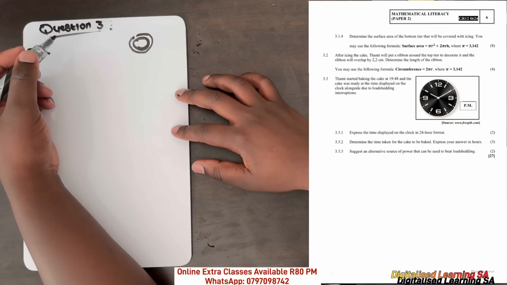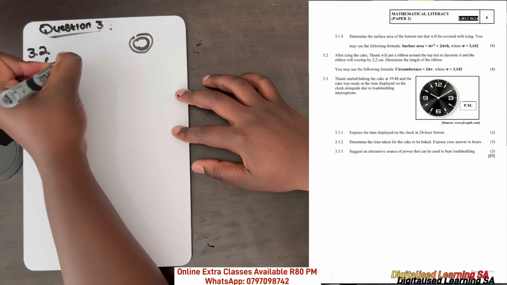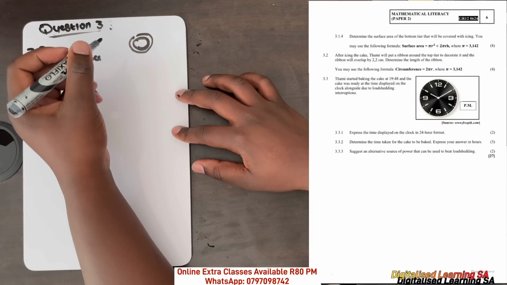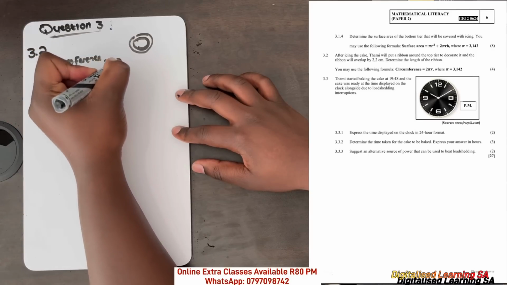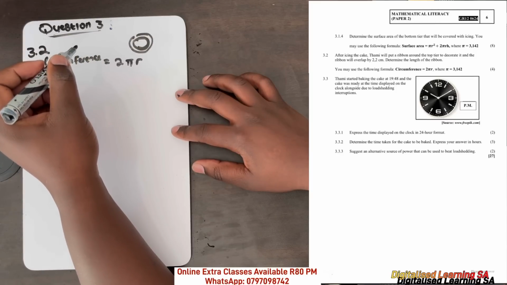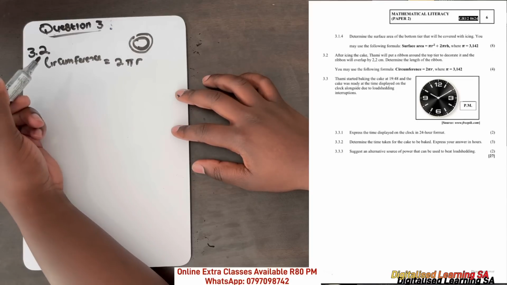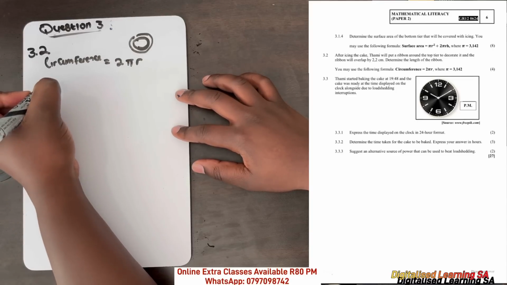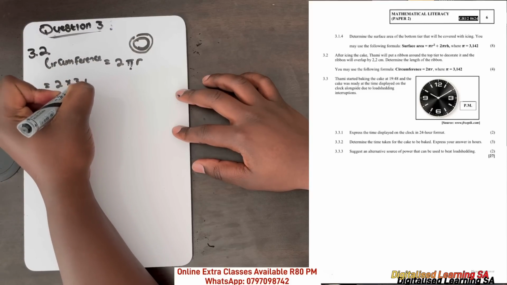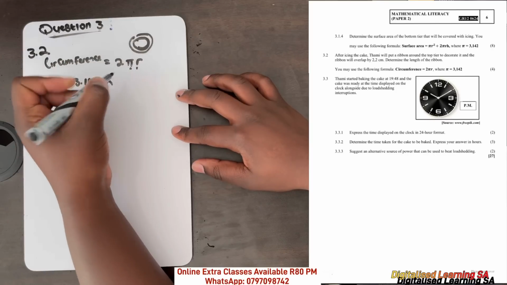So we are going to use the circumference formula, which is equal to 2 pi r. And remember, we are told that we are only focusing on the top tier, the top part of the cake. So our answer will be 2 multiplied by our pi, which is 3.142, multiplied by our radius, which is 10.